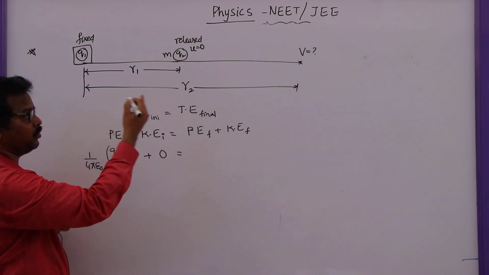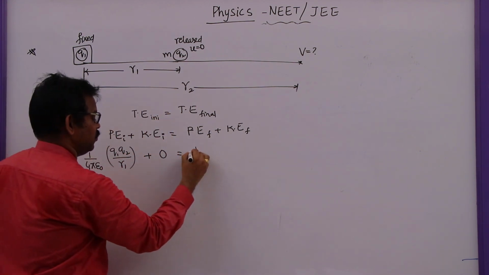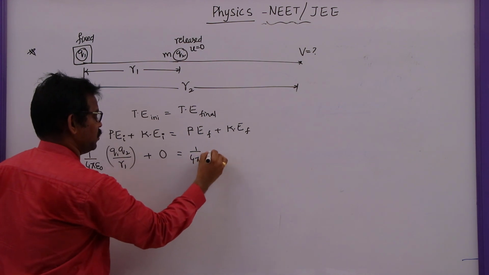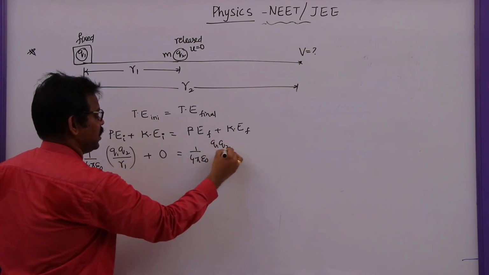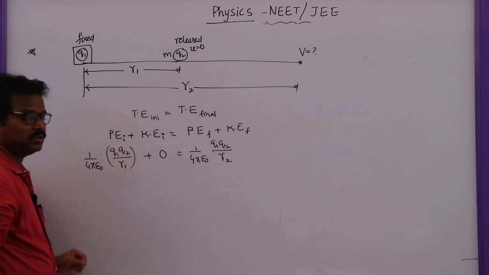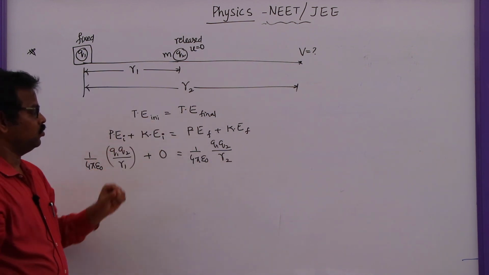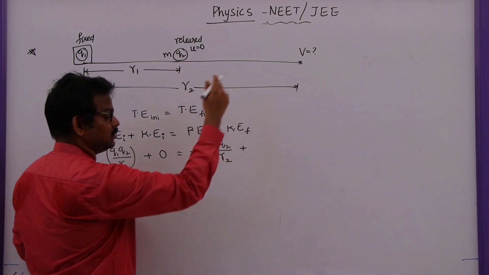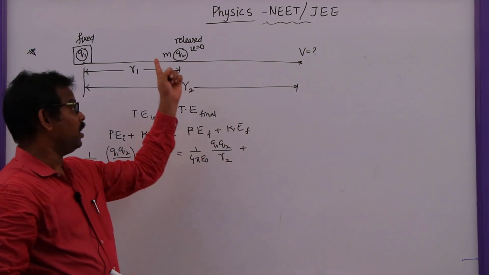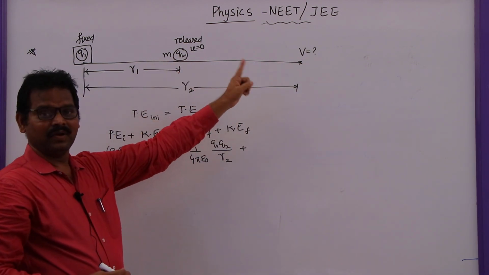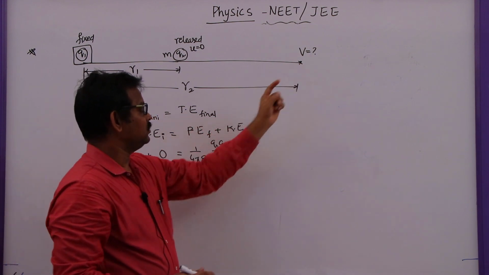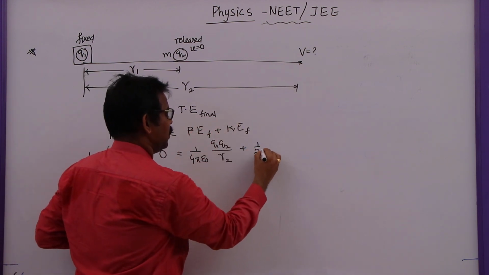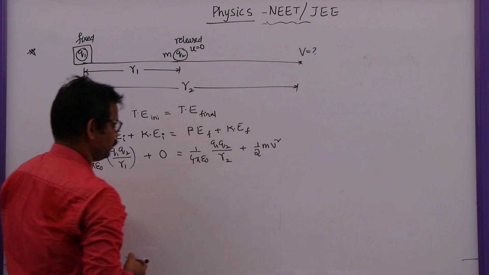Now what is the final potential energy of the system? 1 by 4 pi epsilon naught product of the charges by the new distance between these two, which will be r2, plus the second charged particle having mass m will attain some velocity. So what is the kinetic energy here? This will be half m v square.